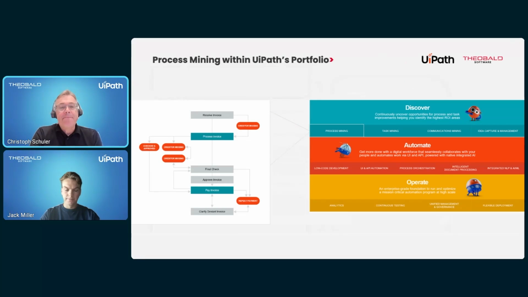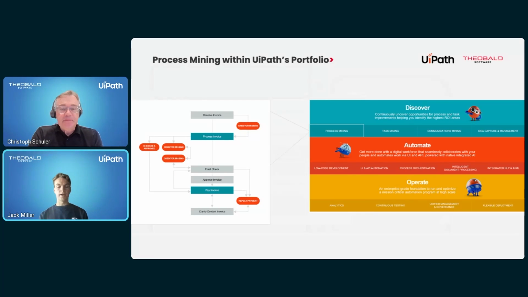Thanks, Christoph. So UiPath is an automation platform company. We segment this into 3 distinct pillars: the discover, where you are looking for automation opportunities, looking for process bottlenecks, which is where the process mining product lives. We then have the automate, which is UI and agent-based automation.